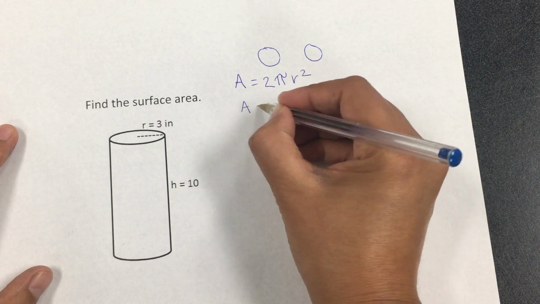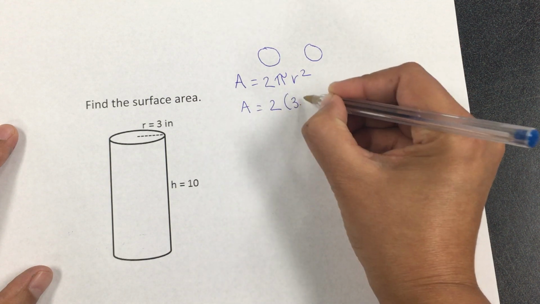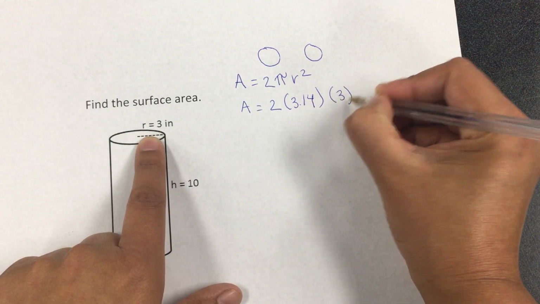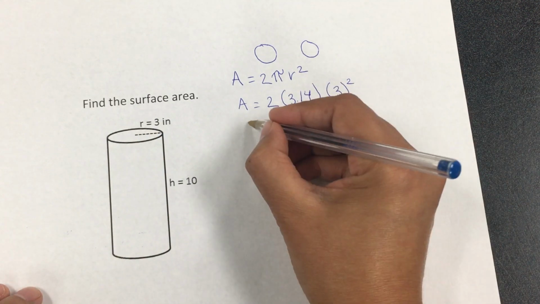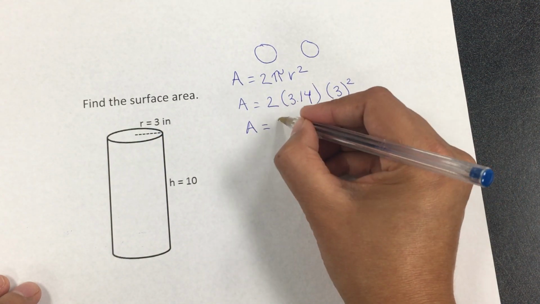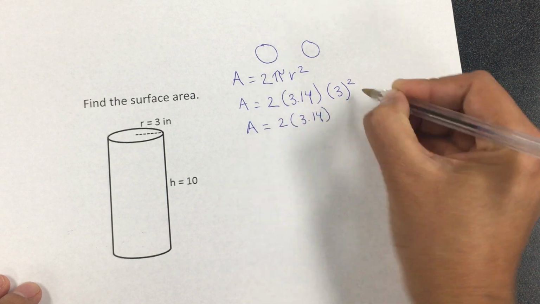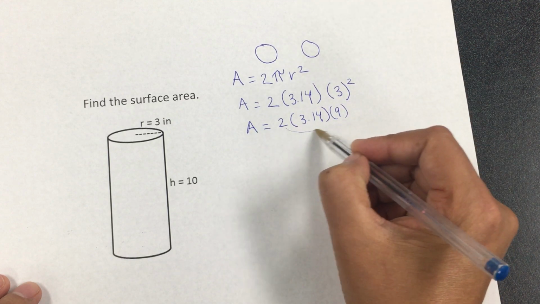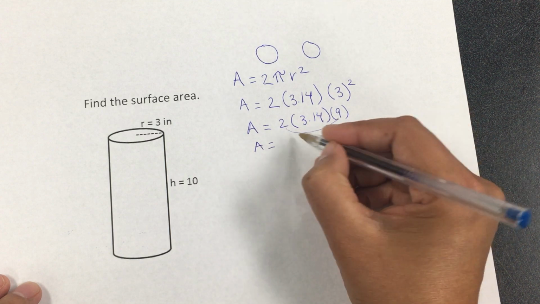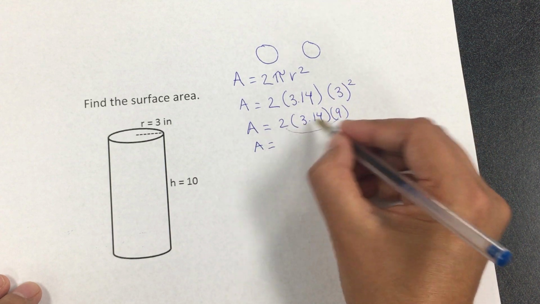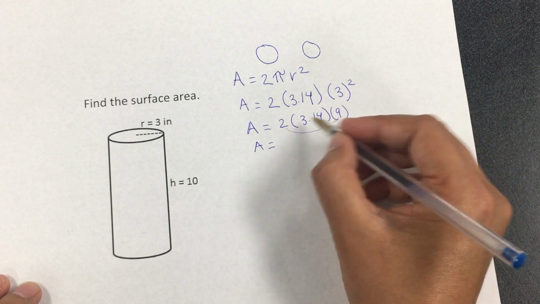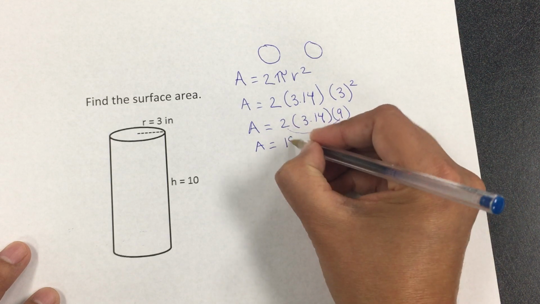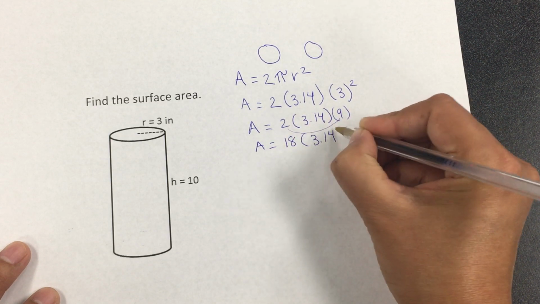So A is equal to 2 times 3.14 times the radius, which is 3, squared. This gives me 2 times 3.14 times 3 squared, which is 9. I can multiply this first if I wish, because multiplication is associative and commutative. It doesn't matter the order, you just multiply and you will get the answer. 2 times 9 is 18 times 3.14.